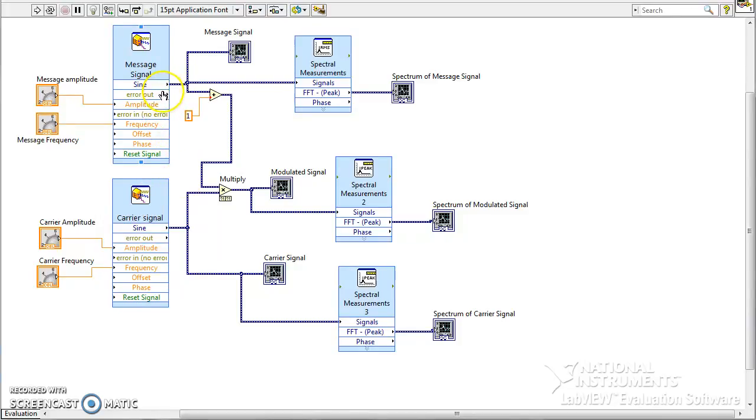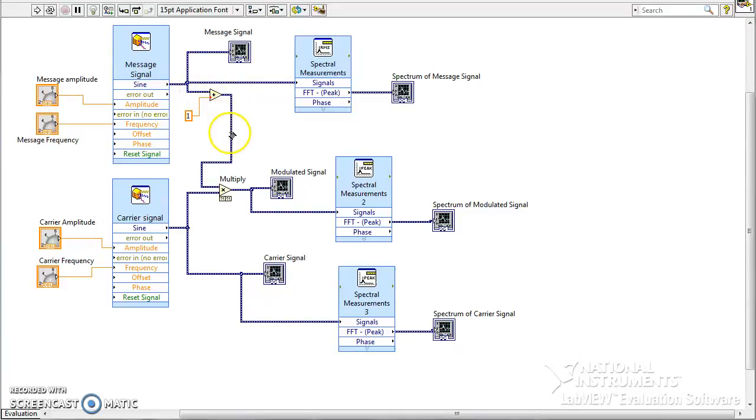Coming up with this message signal, m of t has to be added with 1, that is the constant value 1. So what I have done is take an adder block, create a constant, and you will have 1, which is being added with the message signal.